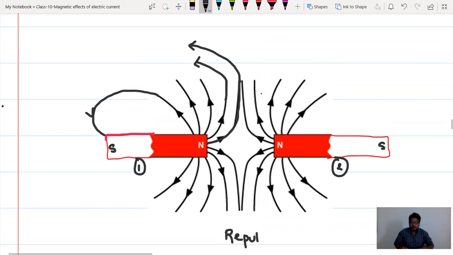From the second magnet also, we have a magnetic field line which is emerging here and moving like this. And you see, it will not touch, it will just deviate like this. I told you, two magnetic field lines never intersect. If they intersect, what will happen? Okay, let us assume these two lines are intersecting now. Consider one which is moving like this, one which is moving like this.